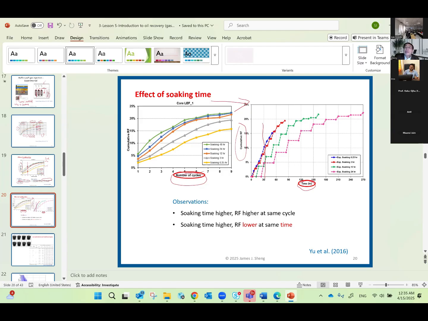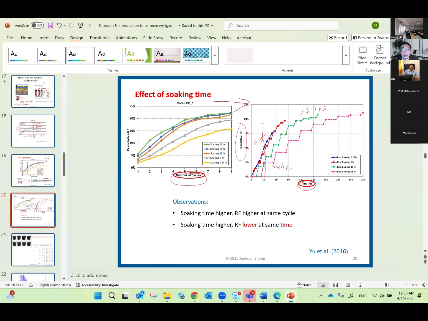The blue one is soaking time 2.5 hours. The other one is 24 hours, and this blue one is 12 hours. That is something surprising, right?